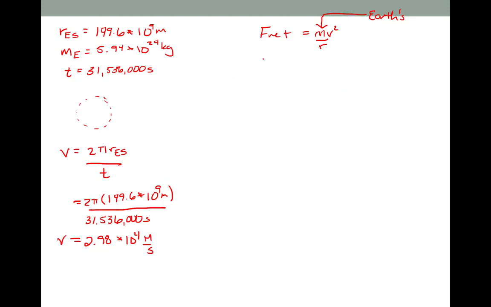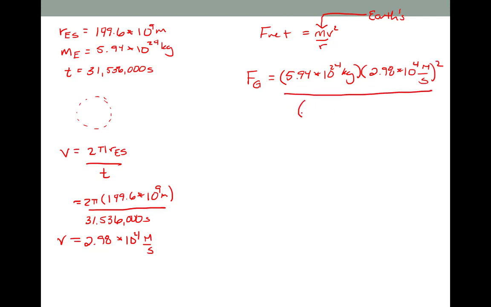Okay, so reiterating, the net force is caused by the gravitational force. The mass that matters here is the Earth's mass, so 5.94 times 10 to the 24th kilograms. The speed is the number we just calculated, 2.98 times 10 to the 4th meters per second. And remember, you got to square all of that.